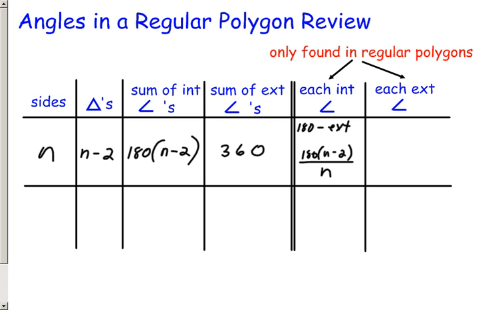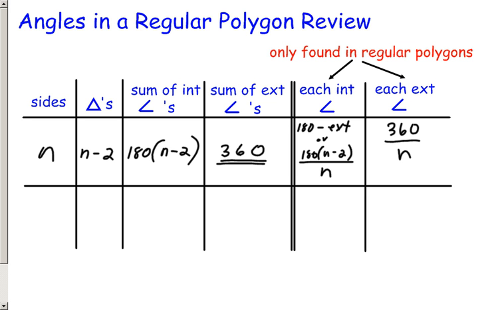So these are your 2 ways you can find each interior angle. Each exterior is pretty simple: 360 divided by the number of sides. I know this because all the exteriors always add to 360. And if you have n of them, and they are all the same, you get 360 divided by n for each of them.